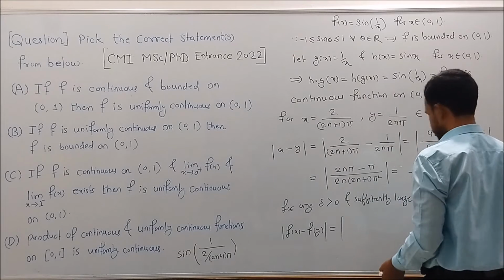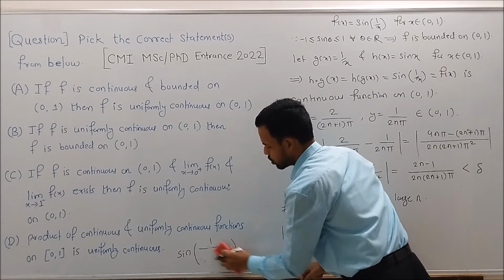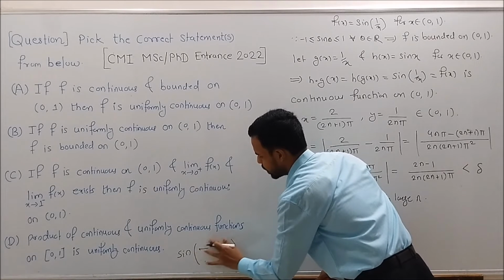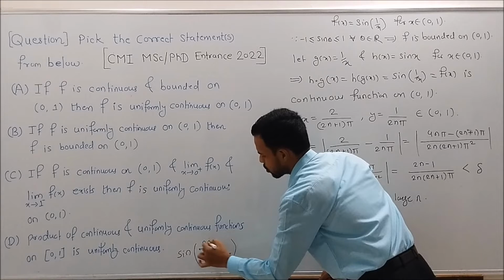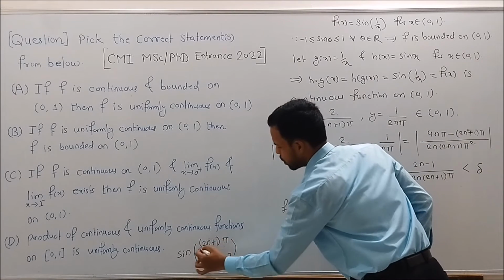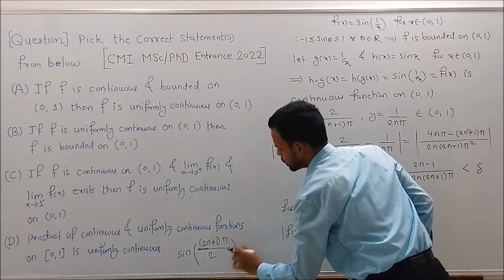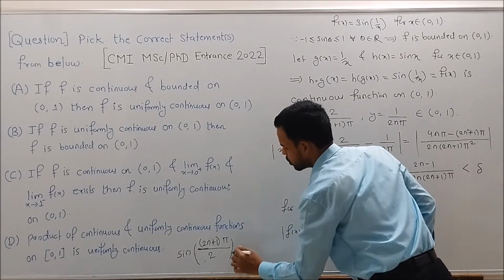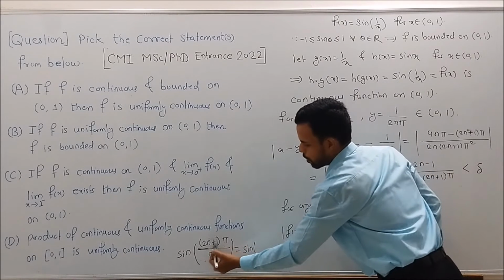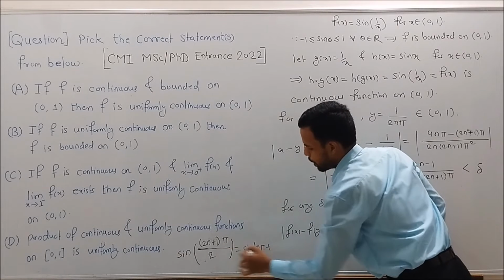After going to the numerator, this equals sine of (2n plus 1) into π by 2, and this is equal to sine of 2nπ by 2, that is nπ plus π by 2.